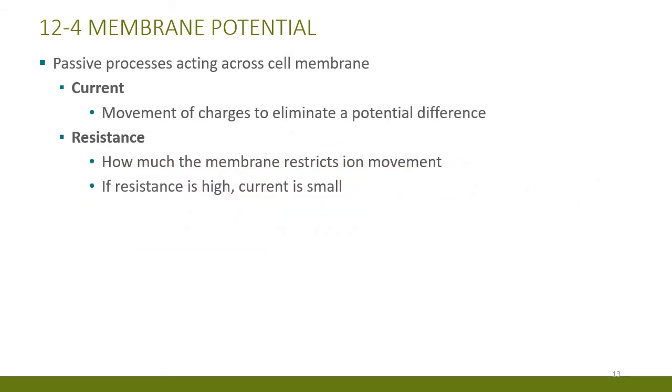With a membrane potential, there is a passive process where movement goes back and forth between inside and out. We talked about the passive movement of ions through protein ion channels, and also large facilitated proteins. There is some resistance because the membrane restricts certain ion movements. If the resistance is high, the current is small.